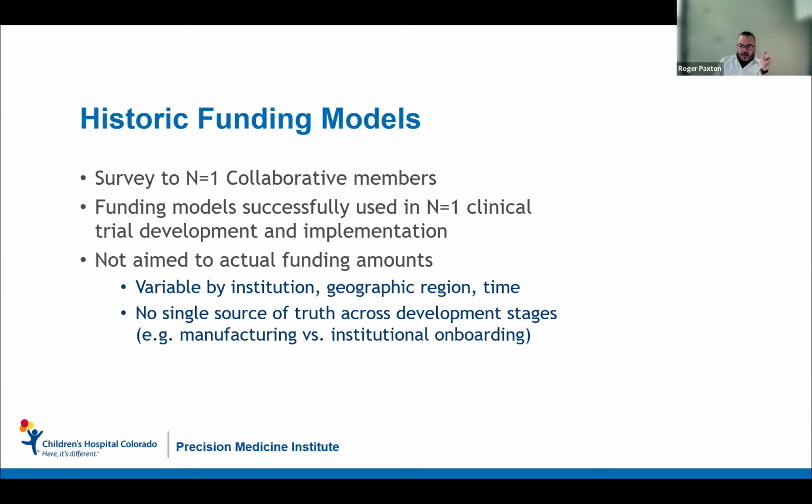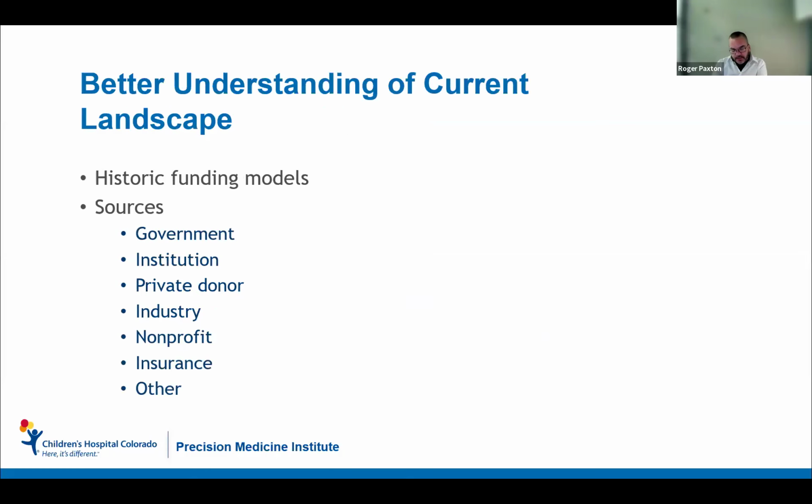So for example, one group might have very good eyes on the manufacturing cost, as well as that same group might not have a great deal of insight into institutional onboarding costs, etc. So we broke this down into a variety of buckets from which funding might come for these InnovOne therapeutics. It included government, institutional, and by institution, I mean treating institution, private donors, industry, nonprofit, insurance, and then of course the catch-all other.